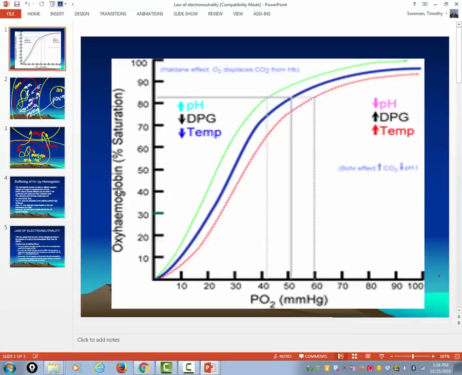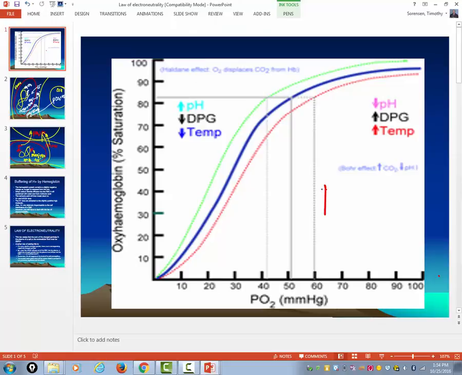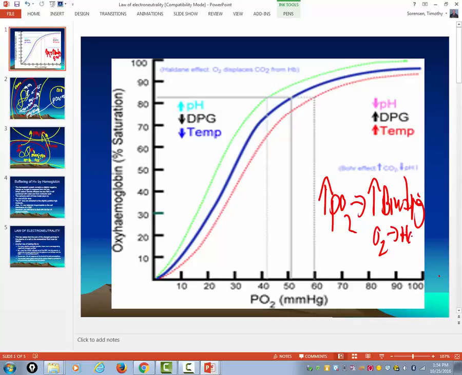All right? Now, this is what I want to point out. We talked about the fact that high PO2 causes increased binding of O2 to the hemoglobin. And where do you find high PO2? You find high PO2 in the lungs, right?